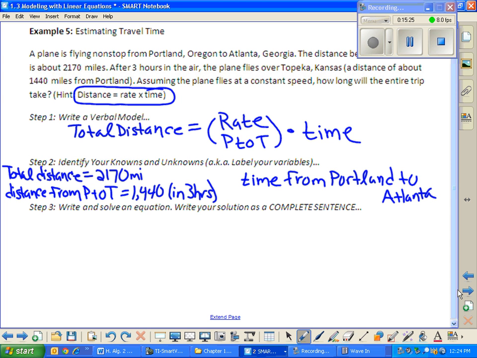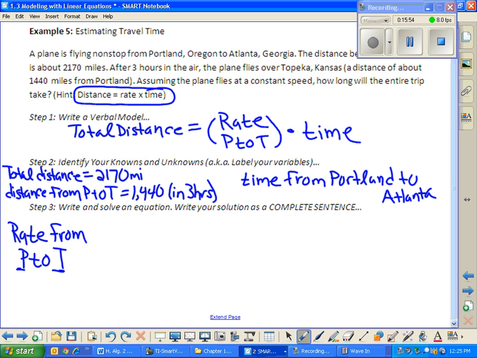So what I need to find or list out in my knowns and unknowns is, what is the rate of speed at which I traveled from basically Portland to Topeka. From P is Portland, T is Topeka. If I can establish that rate from Portland to Topeka, that's going to be the same rate from Portland to Atlanta.